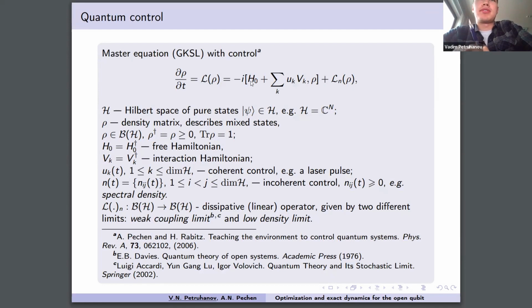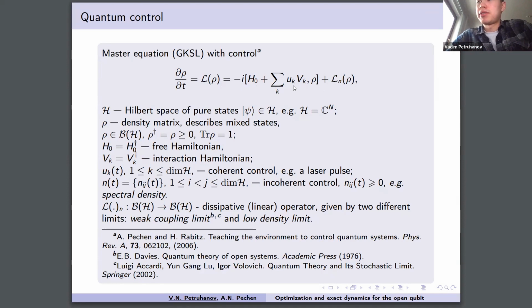You can see that we have controls u_k in the Hamiltonian. They are called coherent control, and we have control n in the dissipator L calligraphic.